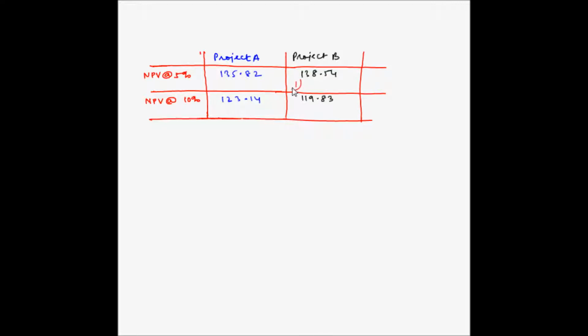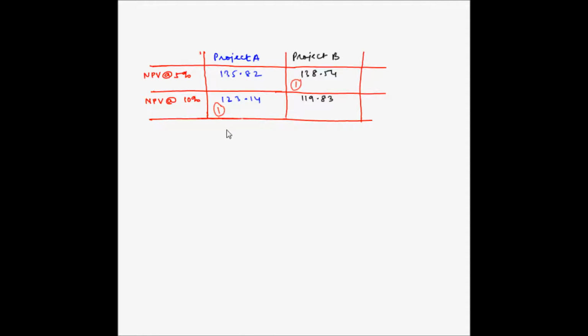So here, this is number 1. And at 10% discount rate, project A has a higher NPV as compared to project B. So at 10%, project A is number 1. So as you can see, the project ranking is reversed when the discount rate is changed from 5% to 10%.